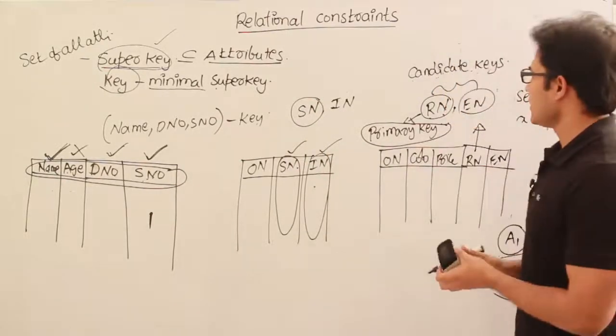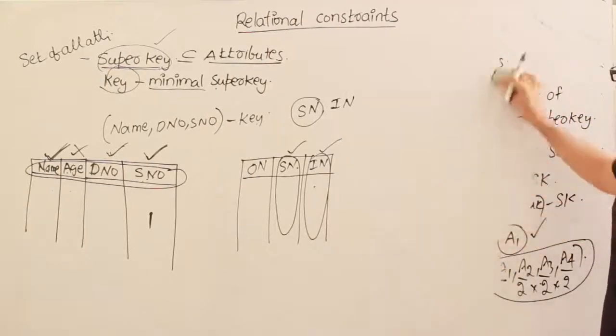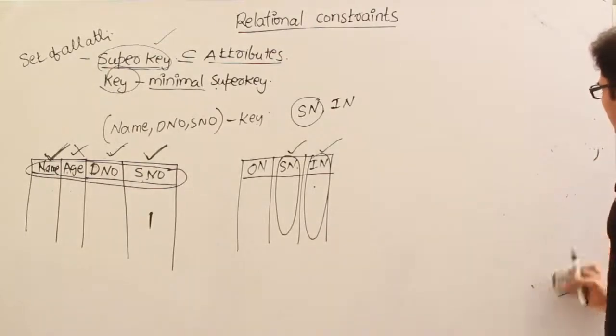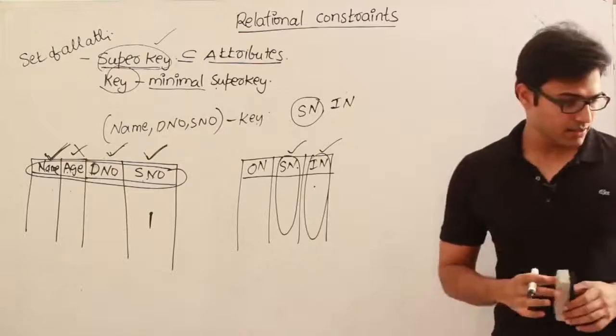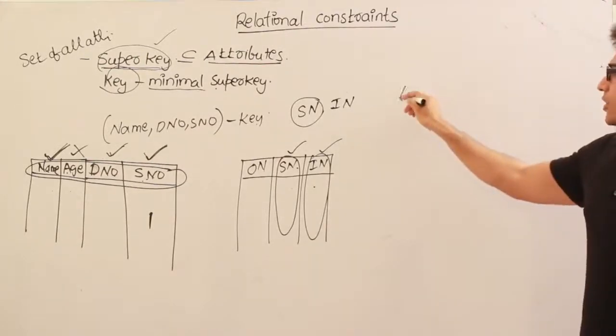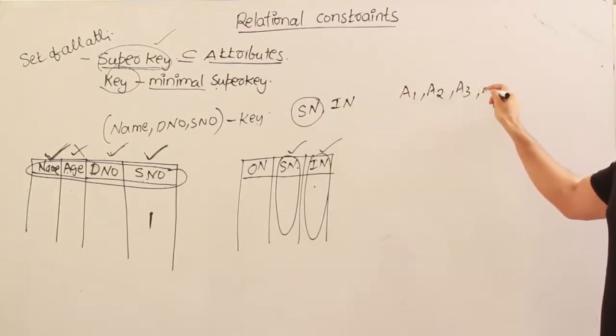Let me give an example. This is going to be a bit difficult to understand, but try it. Let us assume that we have four attributes in a table: A1, A2, A3, A4.